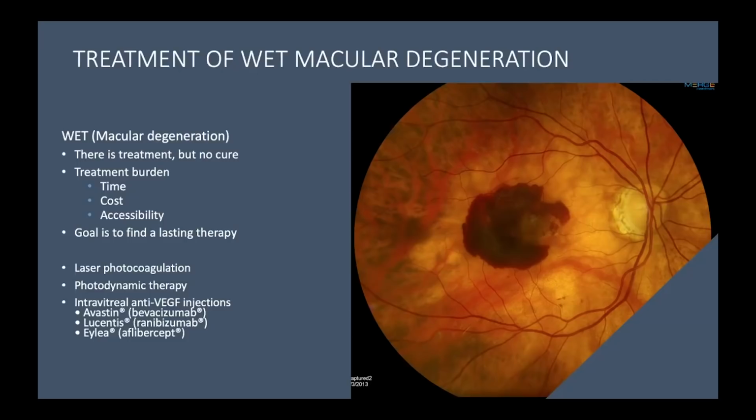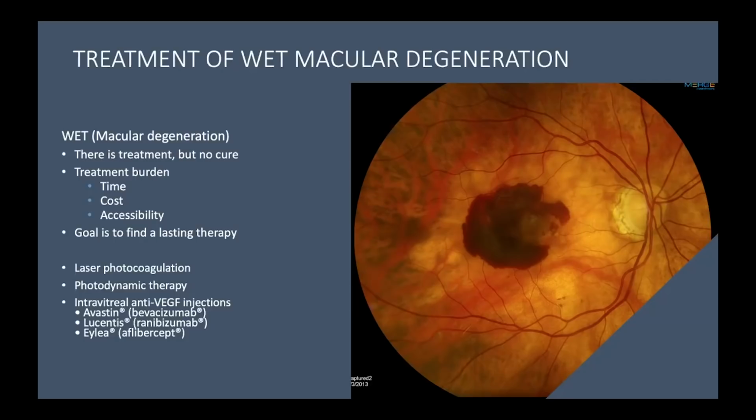Prior to the anti-VEGF injections, we would perform laser photocoagulation or PDT, photodynamic therapy, a type of cold laser. And while both of those treatments were effective in some cases, they were not nearly as safe in preserving the central vision.